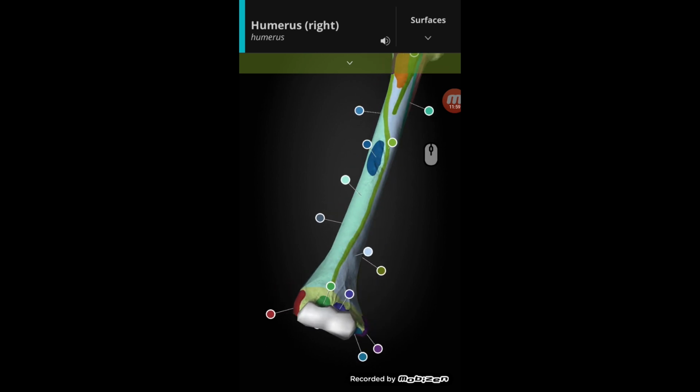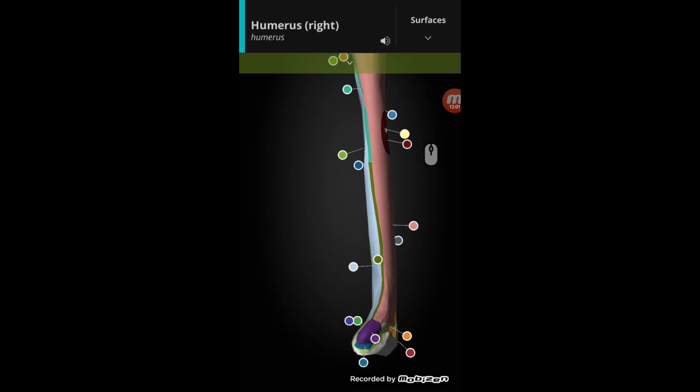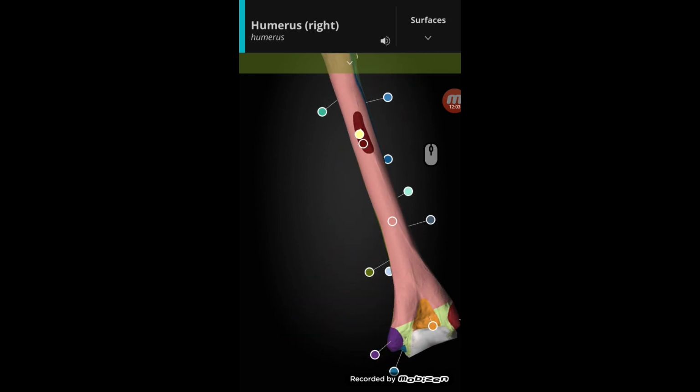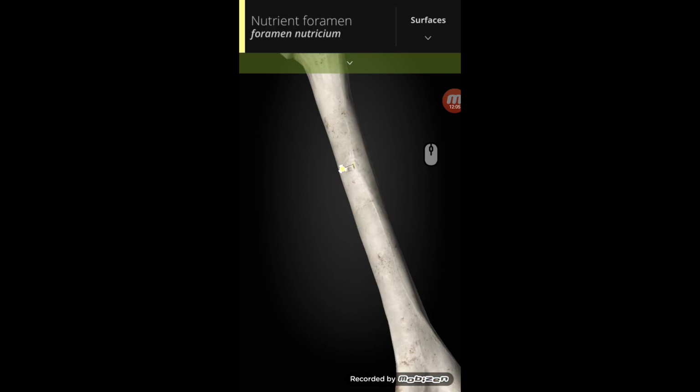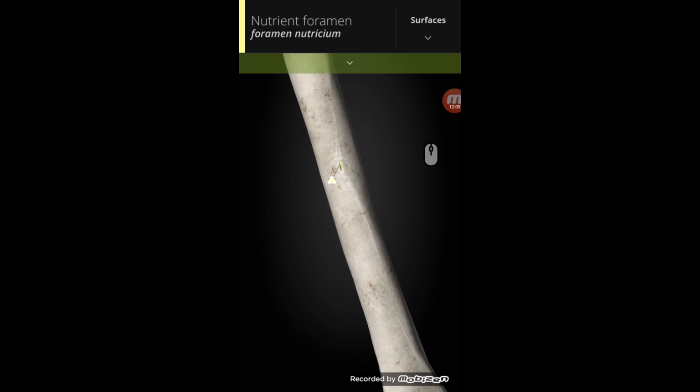Now let's come toward the posterior side. On the posterior side there is a nutrient foramen whose direction is downwards. In general anatomy, BD Chaurasia and the handbook say that wherever the direction of the foramen is, the growing point will always be opposite to it.